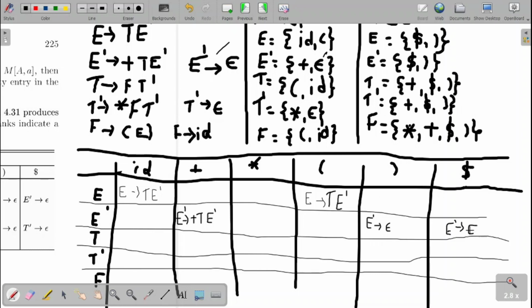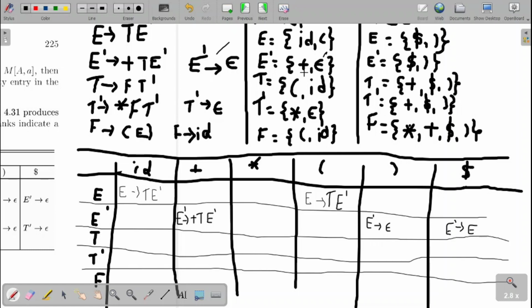Fine. So for the E dash, let us take an example. I have two options over here. One is plus T E dash, the other one is epsilon. Because of the plus T E dash, I am getting the plus as the start symbol. And because of the epsilon, I am getting E dash derives epsilon. So always you have to look at the first.